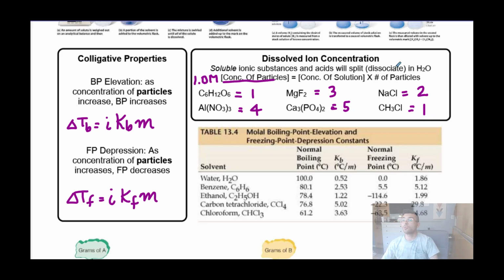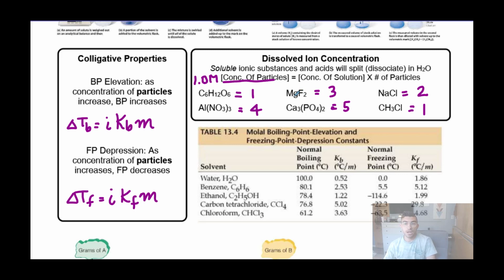So assuming equal concentrations of all of these solutions, it doesn't matter if I have glucose or chloromethane, their solutions are going to have the same properties in terms of freezing point depression and boiling point elevation if their concentrations are the same.